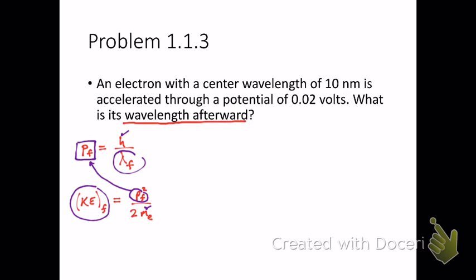Now we know that the change in kinetic energy is 0.02 volts, and we're dealing with 1 electron.